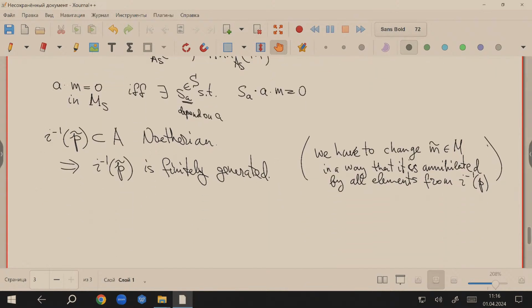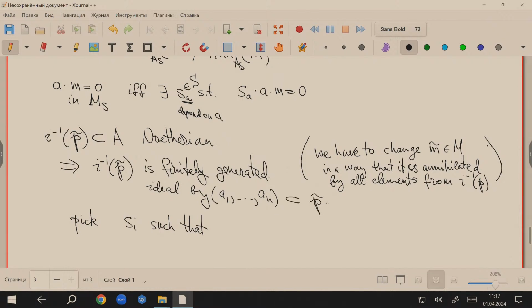So this is a finitely generated ideal, generated by a_1, ..., a_n. So you pick up s_i such that, again, we are applying this thing. Just now P tilde is the annihilator. So they are contained all in P tilde, which is the annihilator of M tilde inside A_S.